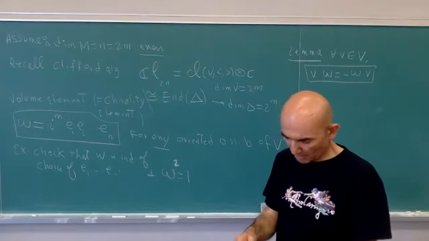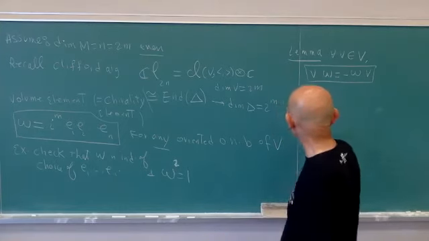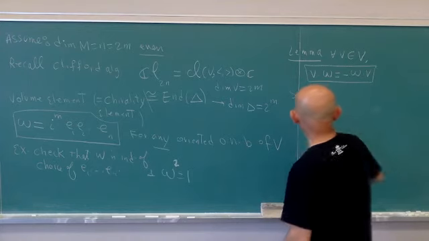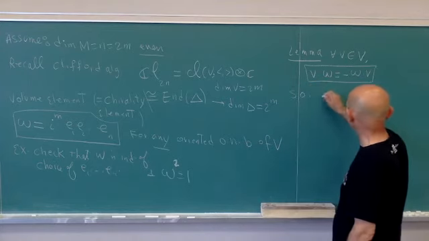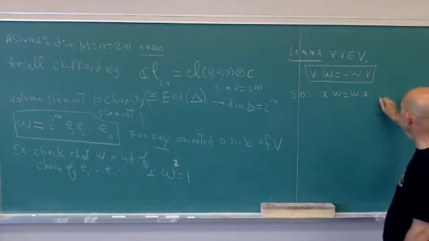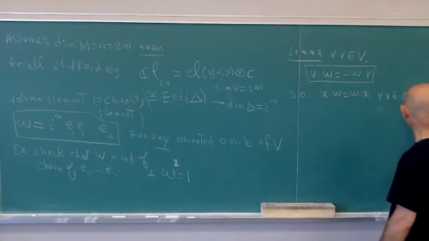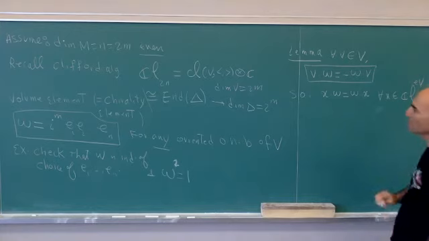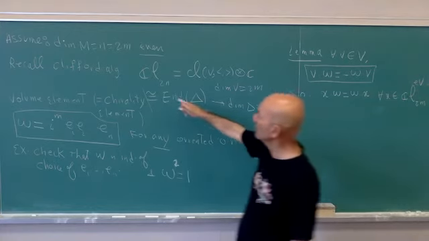Yeah, we are in the even case, right? So we have that this omega, so x times omega equals omega times x for all x belonging to the even part of the Clifford algebra. Okay. Oh, this 2n is wrong.